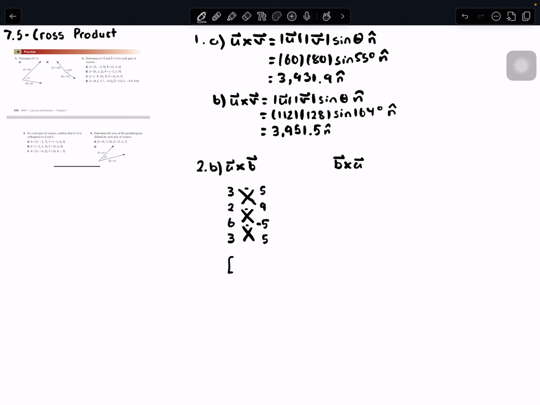So I'm doing 3 times 9 minus 5 times 2. Then I'm doing 2 times -5 minus 9 times 6. The third component will be 6 times 5 minus -5 times 3.